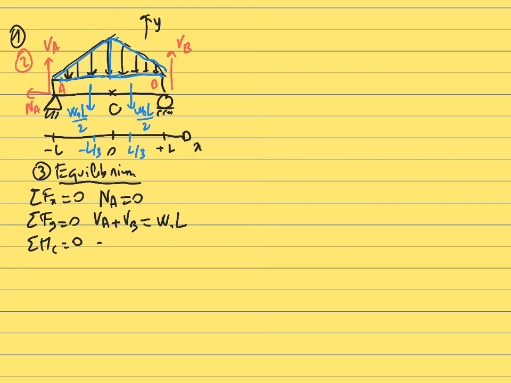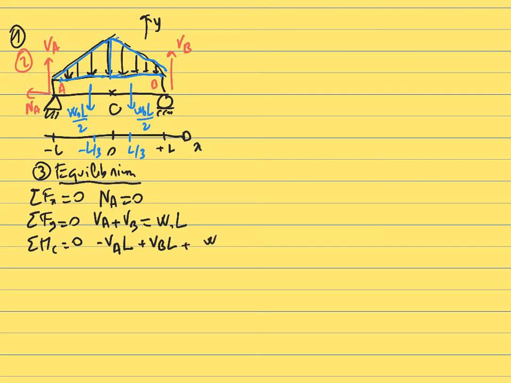So we have minus VA times the arm of the force, which is L. Then VB results in a positive moment, and the arm of the force is L. Then we have the moment associated with the load diagram that goes between minus L and 0. This one results in a moment that has a positive projection.